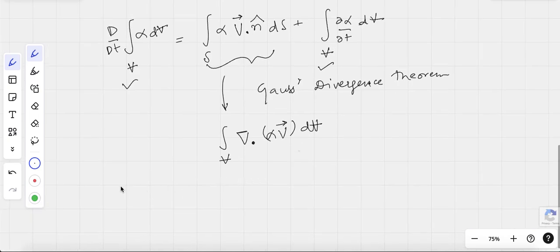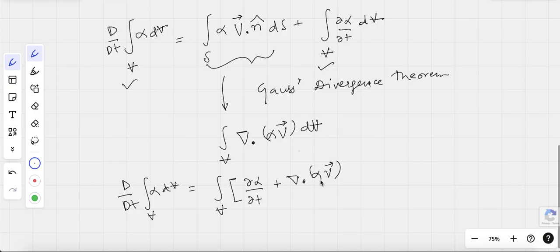So now the equation becomes d by dt of integral over V of alpha dV is equal to integral over V of d alpha by dt plus divergence of alpha v, dV, right. This is the Reynolds transport theorem.